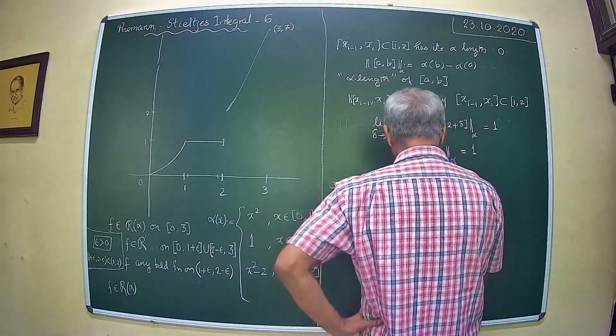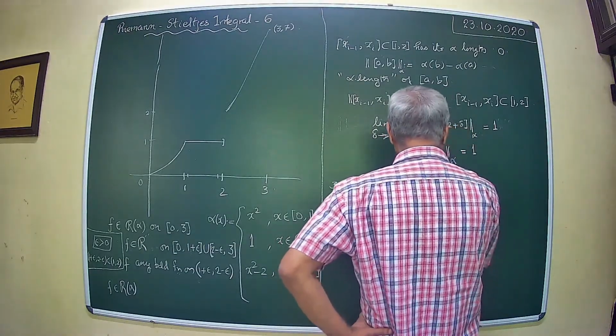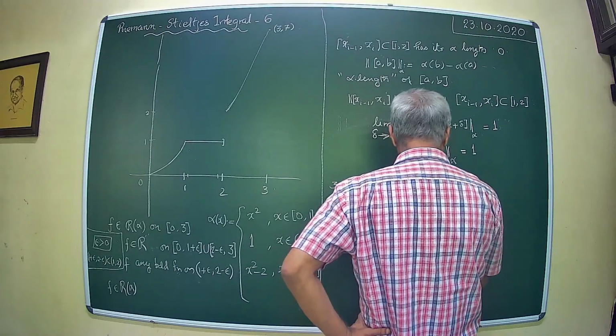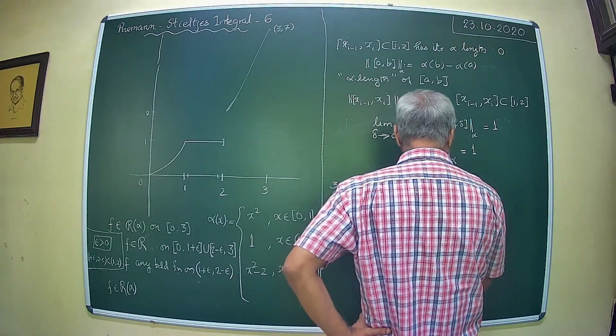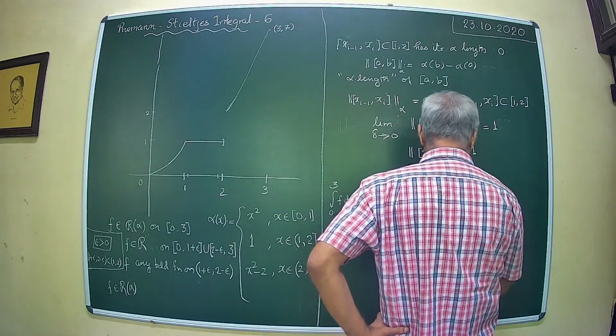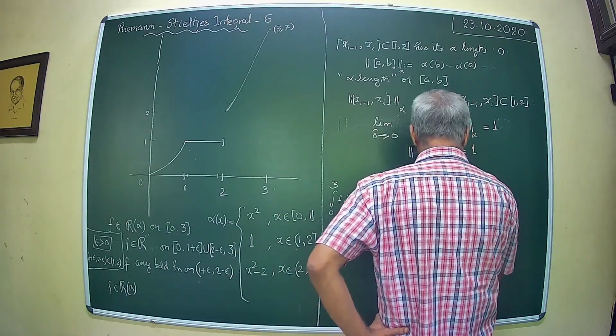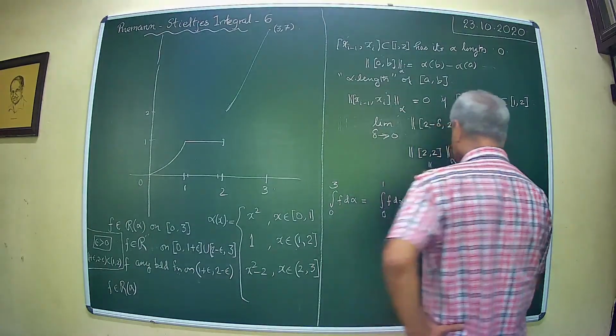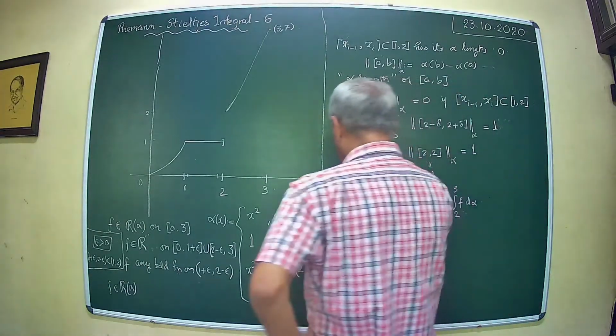So you get eventually a contribution coming from here. This is equal to f(2) plus the integral from 2 to 3. This is the integral.